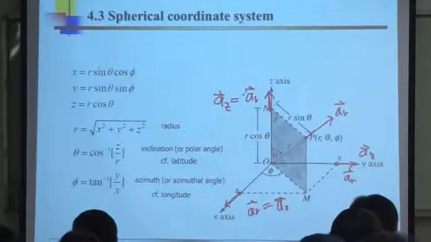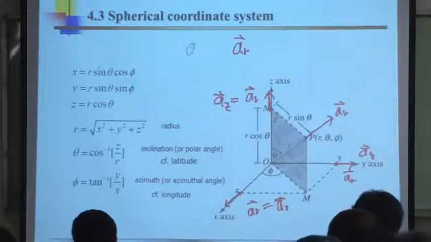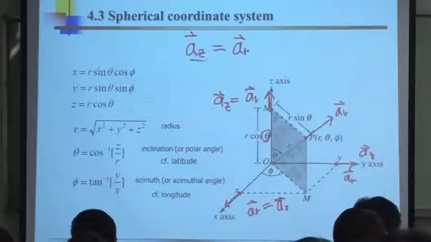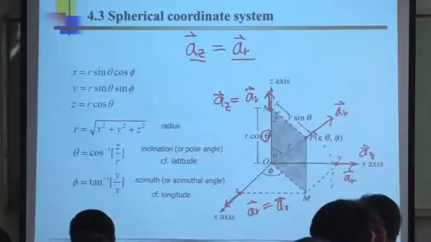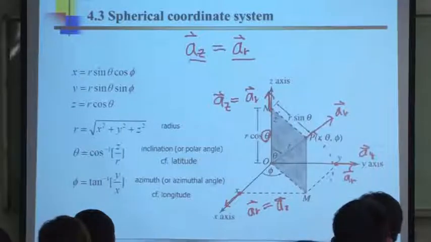Okay. So then I can say the AR vector is related with the AZ vector like this. When theta is 0, then AZ is equal to AR. And if theta is increased, for example, if it is rotated onto the equator, then the AR component does not have the AZ component.